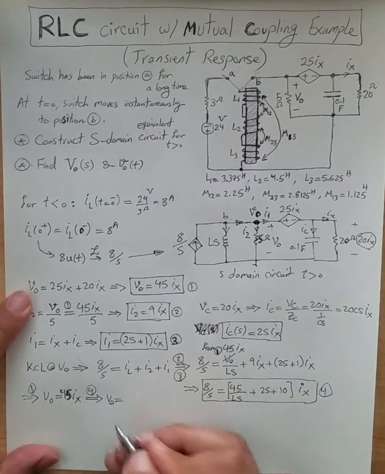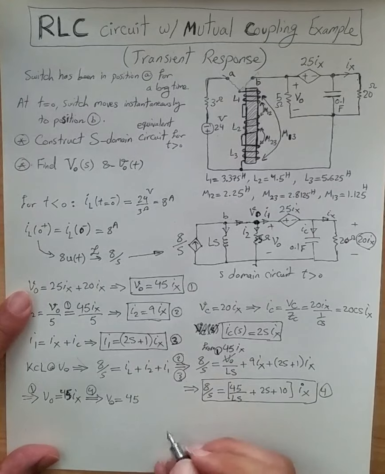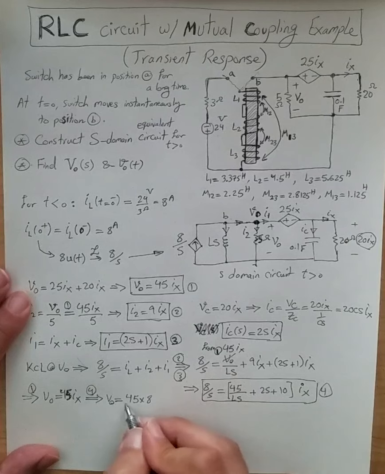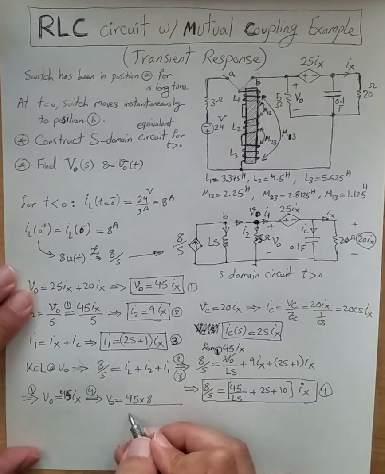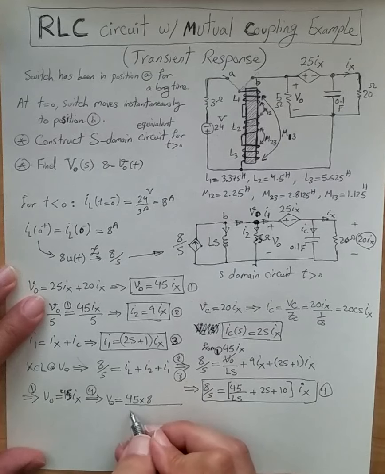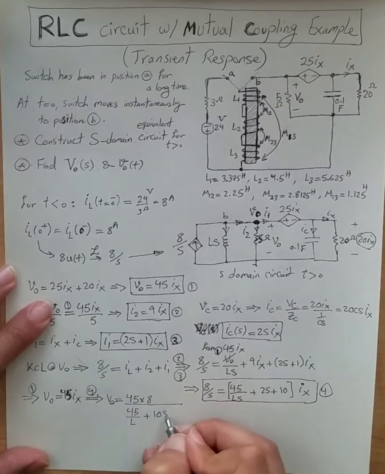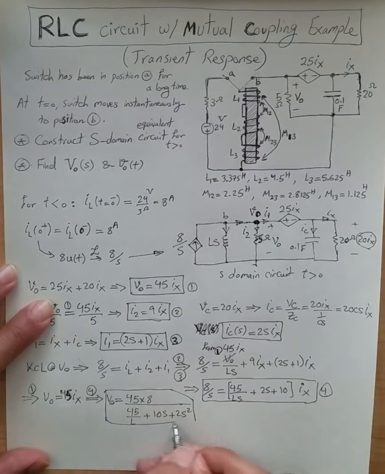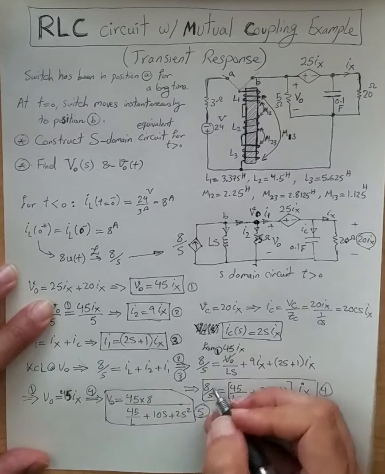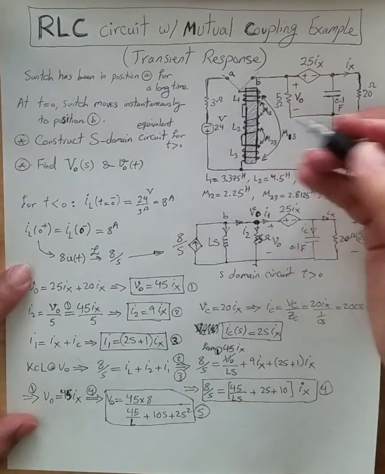And then Vout is just 45 times 8, and then we have 45 times S divided by 45 L plus 10S plus 2S squared. So that is our Vout, equation 5.